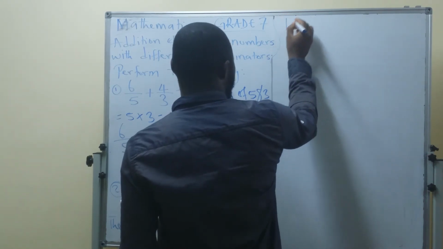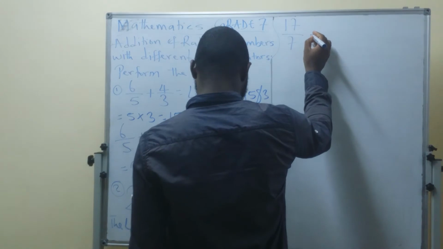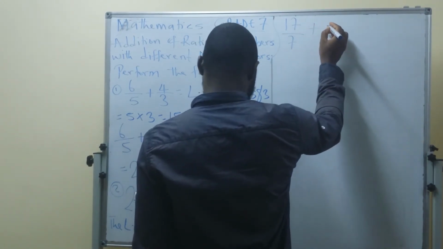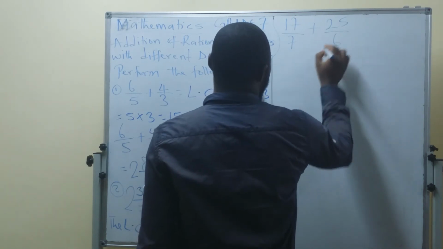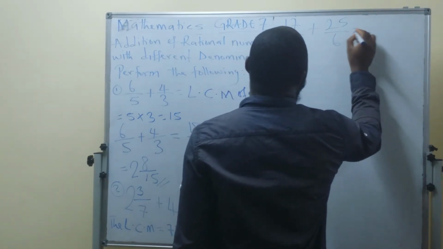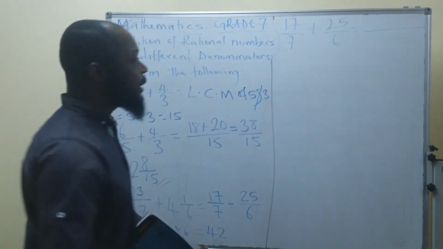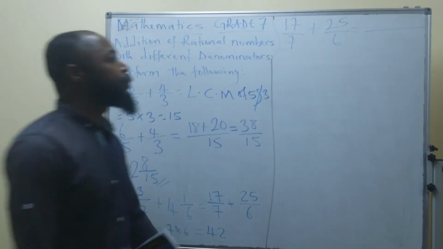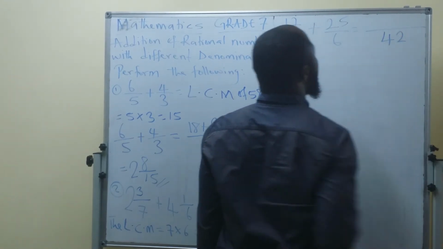We have 17 all over 7 plus 25 all over 6. Okay, so now the LCM will be here. We said our LCM will be 42.